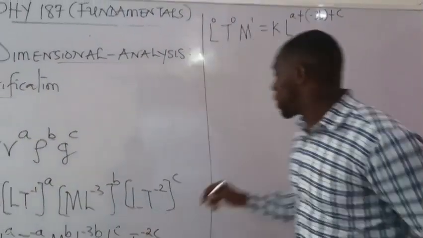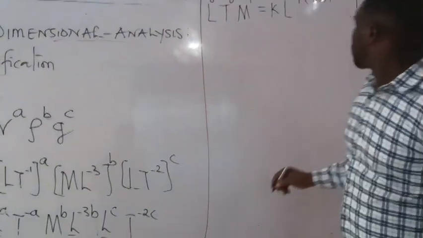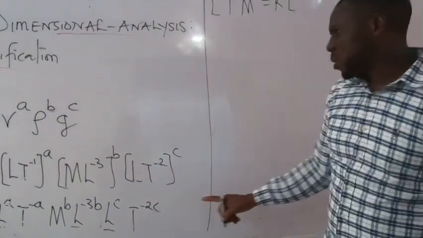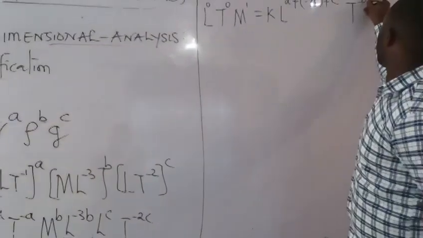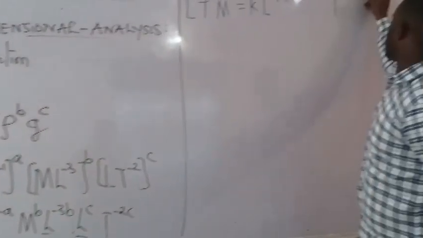Then I go to T. I have minus A, the first power, plus the next power, minus 2C.